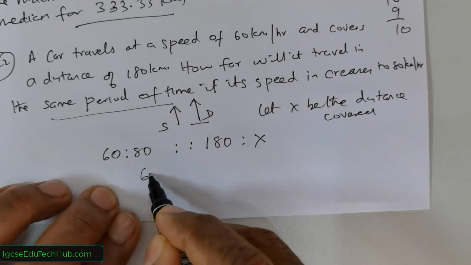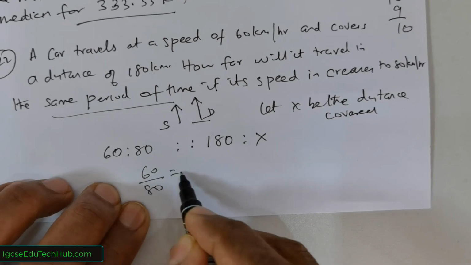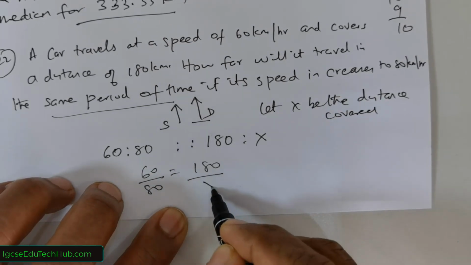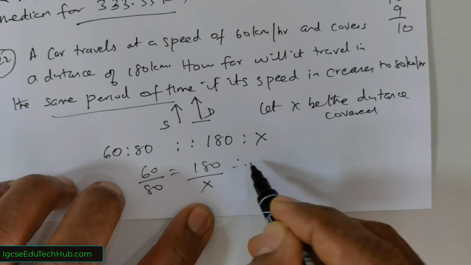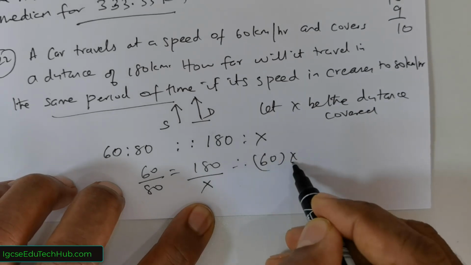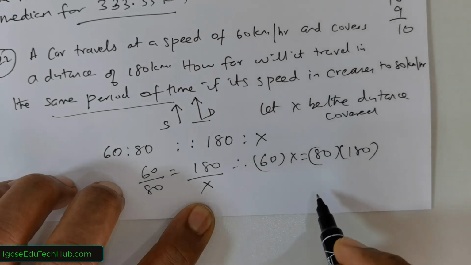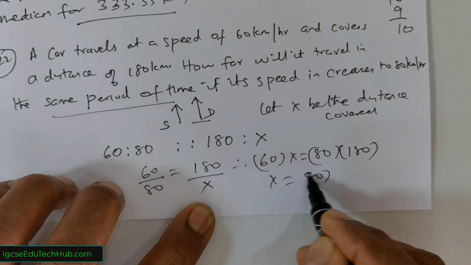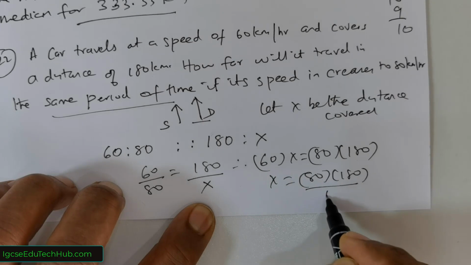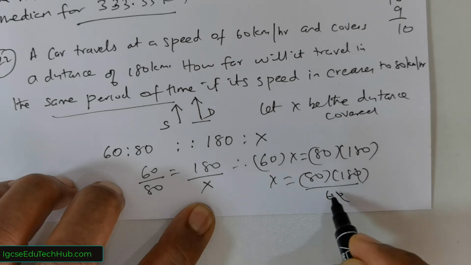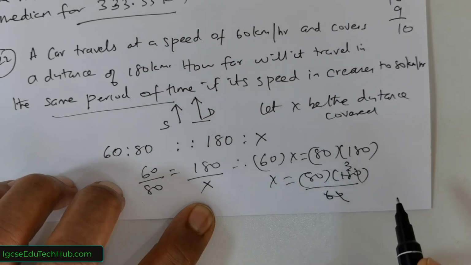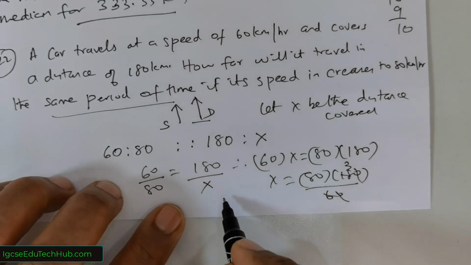So this can be rewritten as 60 over 80 is equal to 180 divided by x. So you cross multiply, therefore you get 60 into x is equal to 80 into 180. So x is equal to 80 into 180 divided by 60. Cancel the zeros here. 6 divides here 3 times, and 80 into 3 is 240.